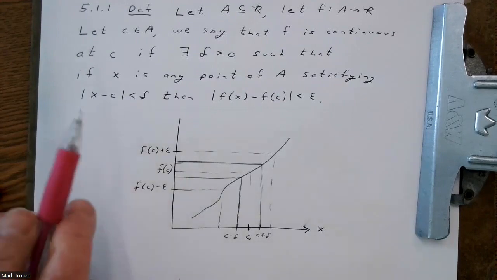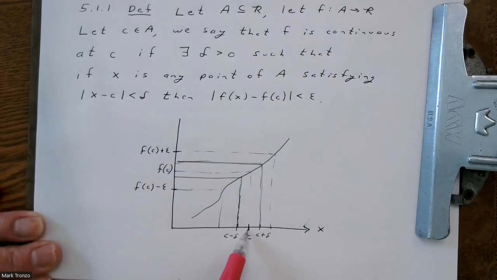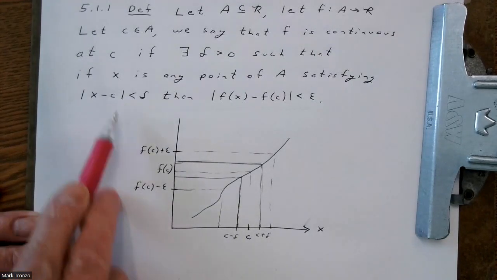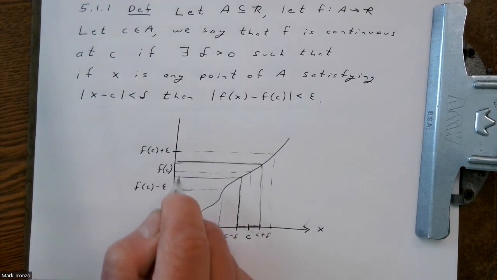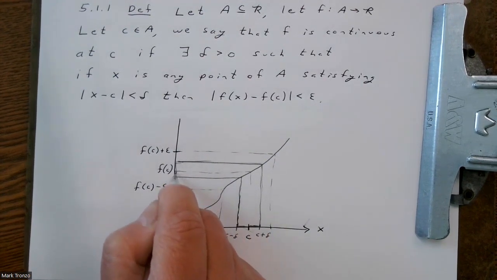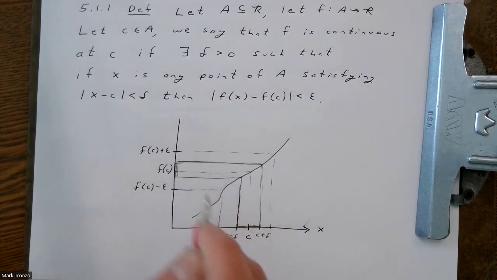For example, you have to be able to put c in here. Even c has to be able to work. So any values here will map into this range here.